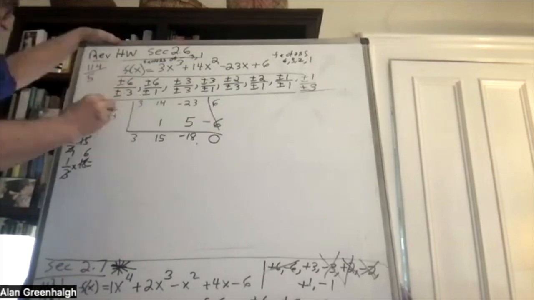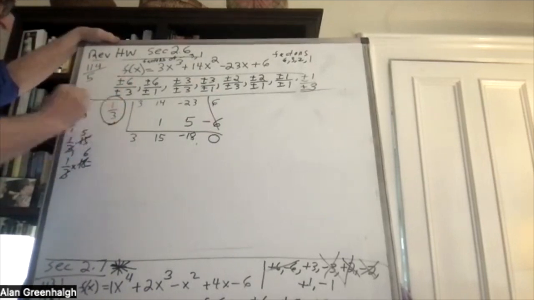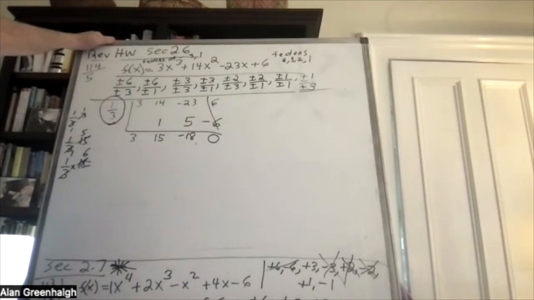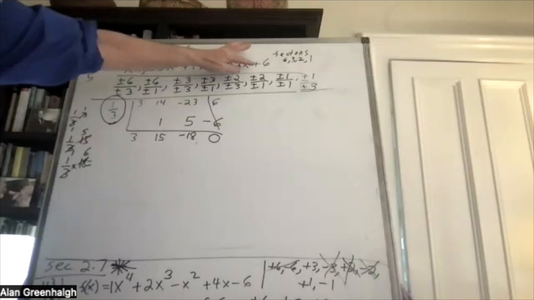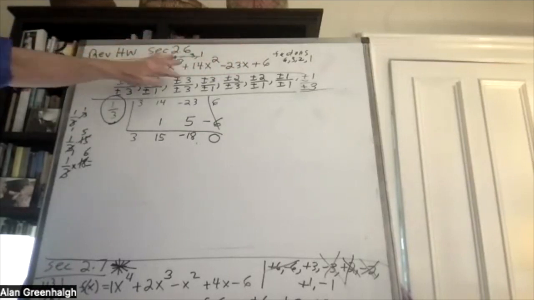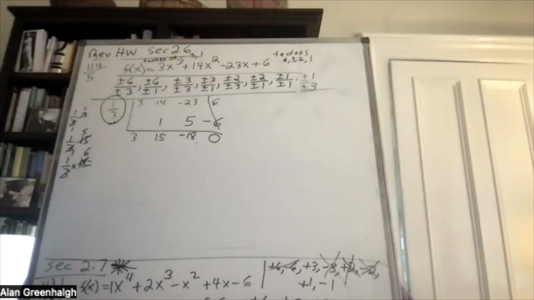So that proves that 1/3 is indeed a zero of the original function. That's what we just proved. This was listing the rational zeros.